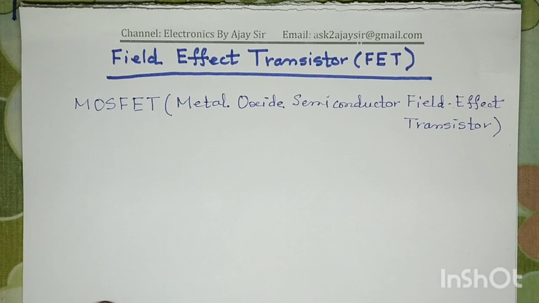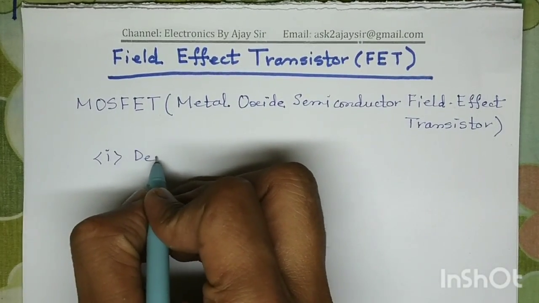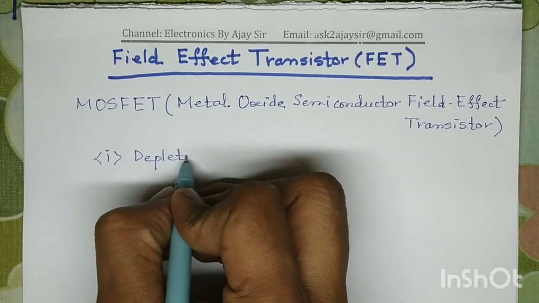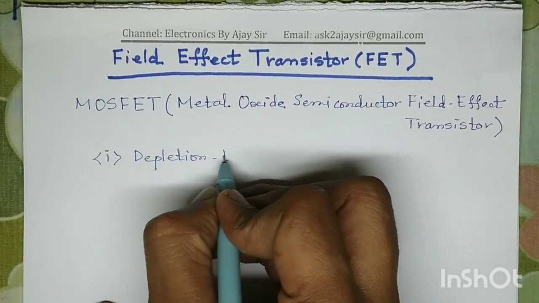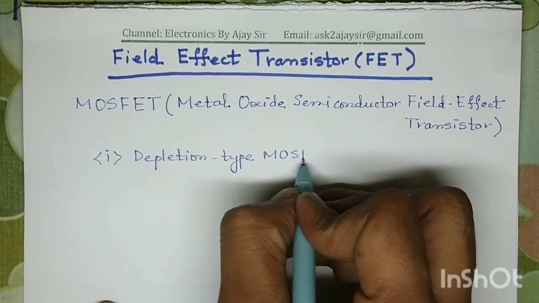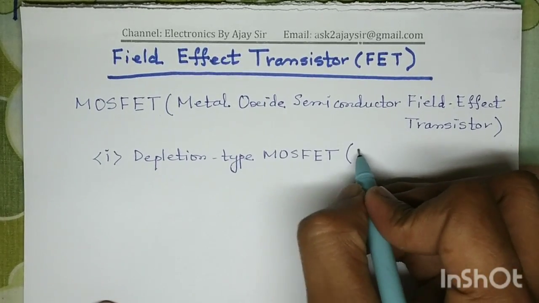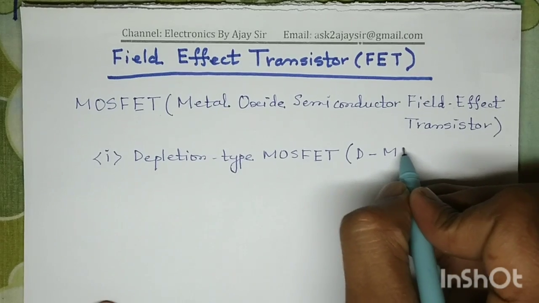Next, depending upon the construction of MOSFET, there are two types of MOSFET. One is called depletion type MOSFET, in short DMOSFET.